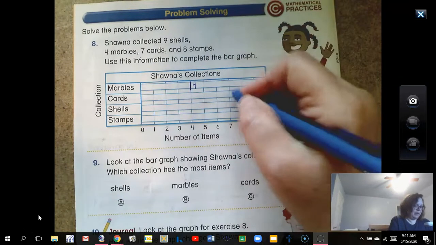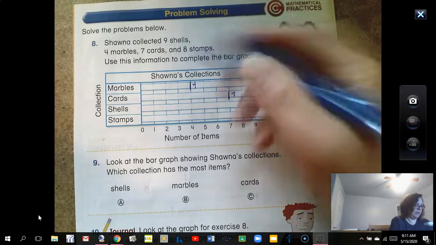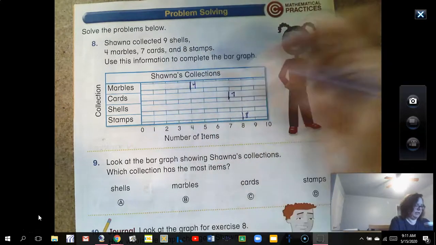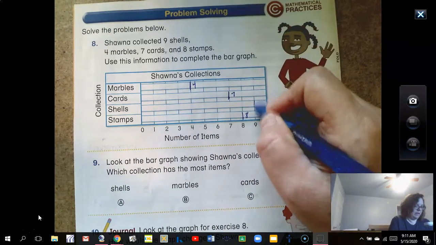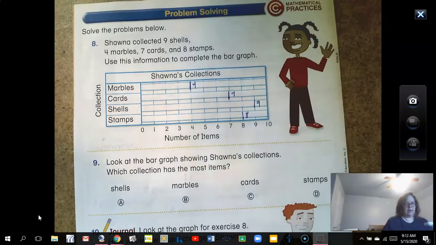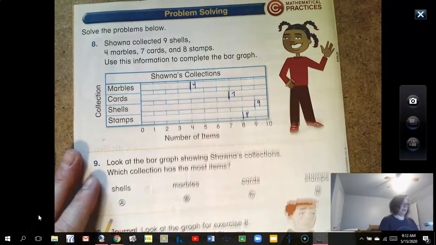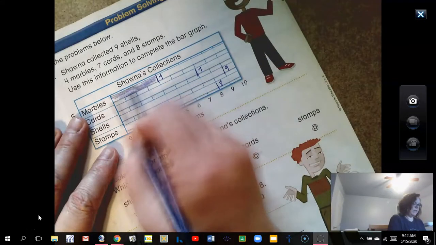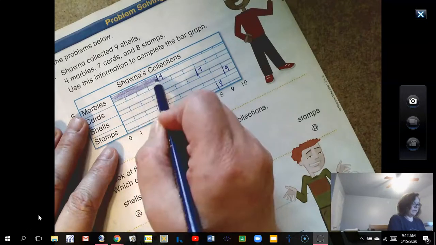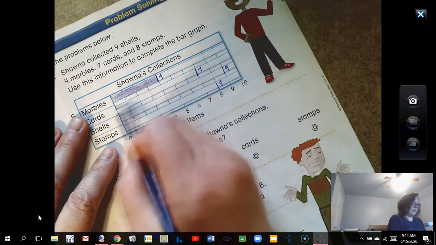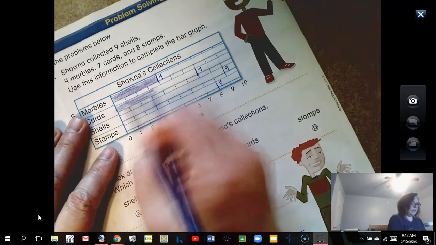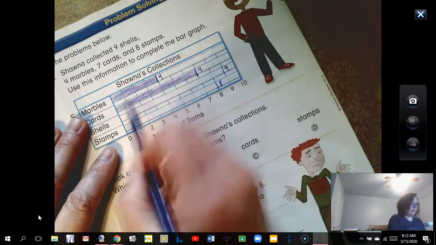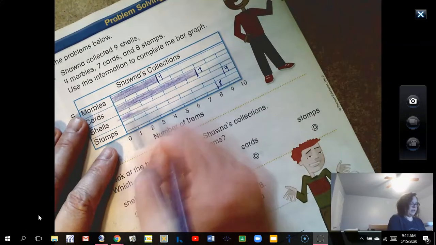Cards, 7. Stamps, 8. Shells, 9. So then I'm going to take... Color it in nicely.